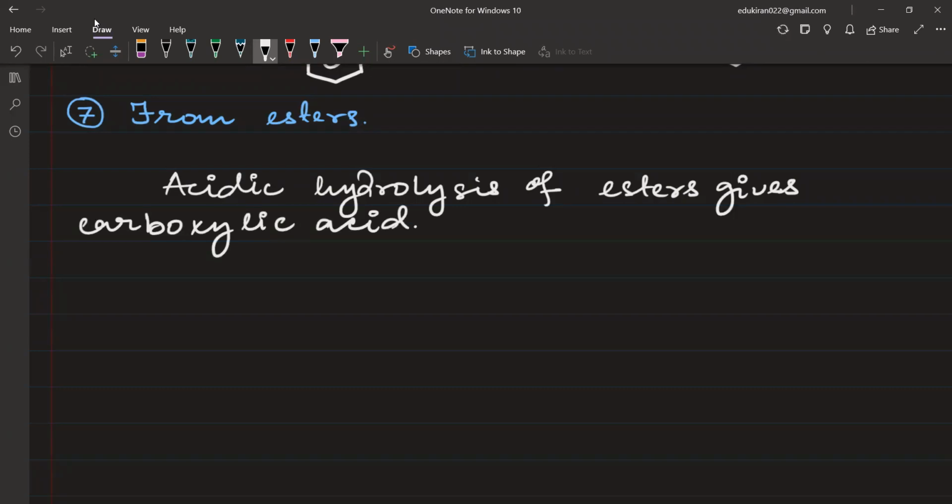You can write another line, basic hydrolysis. Hydrolysis is addition of water in the presence of acid or base. Acidic में क्या होगा? Carboxylic acid directly.